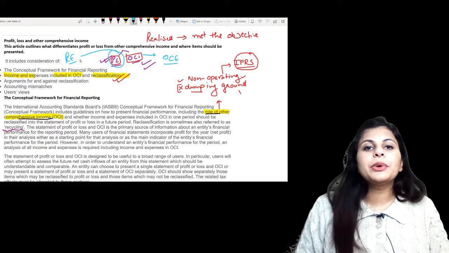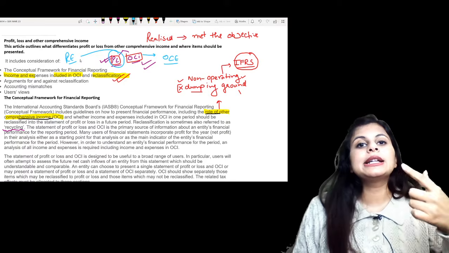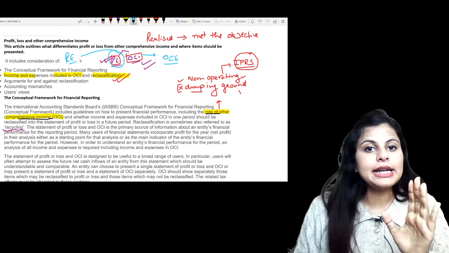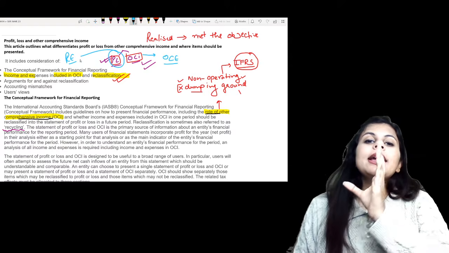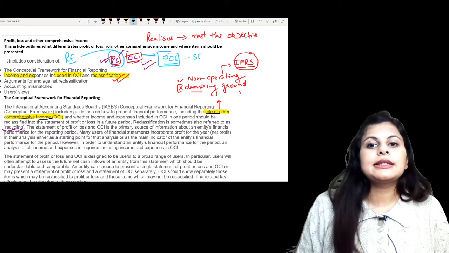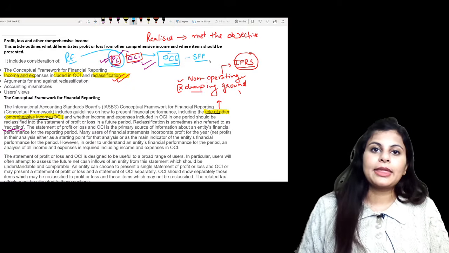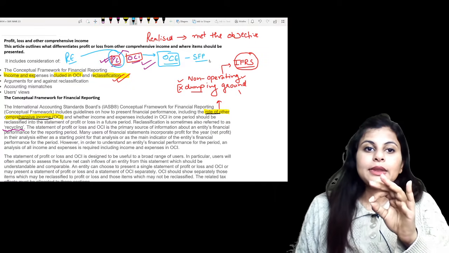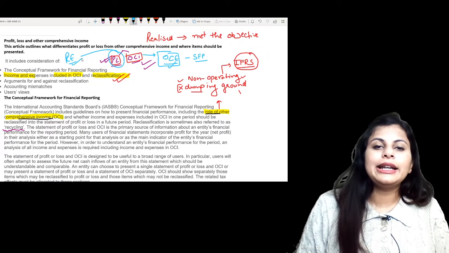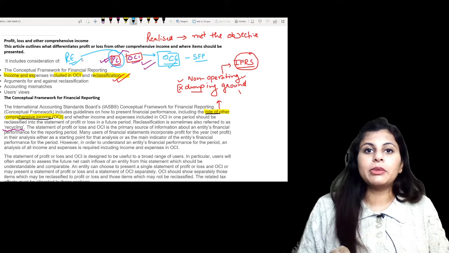From your accounting equation, you know that profit for the year gets added to the capital, loss for the year gets deducted from the capital, right? Same way, OCI goes into other components of equity in your balance sheet, that is the statement of financial position. So if there is a reserve transfer between OCE and retained earnings, that doesn't matter. We are not talking about it.